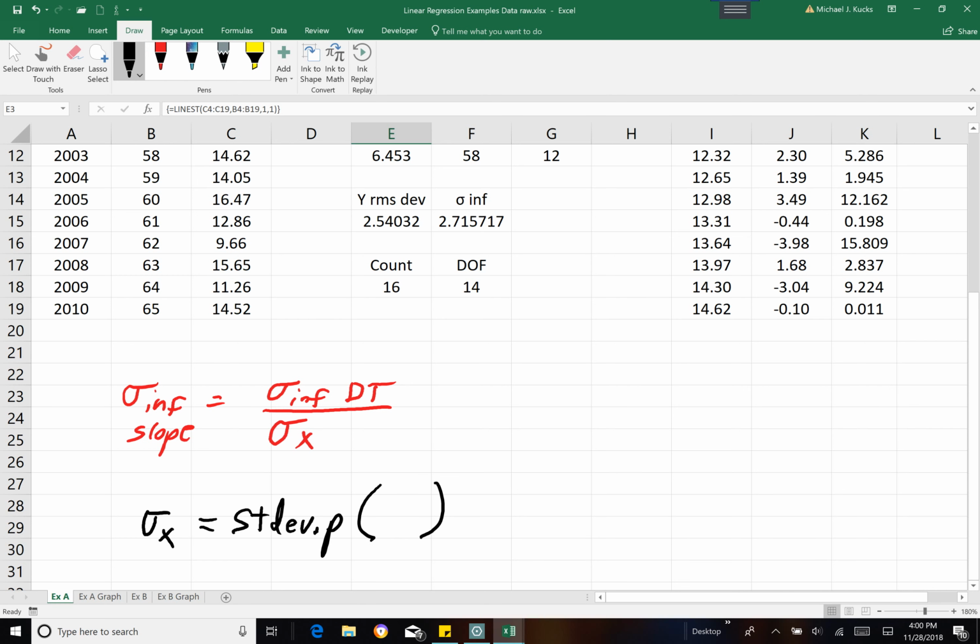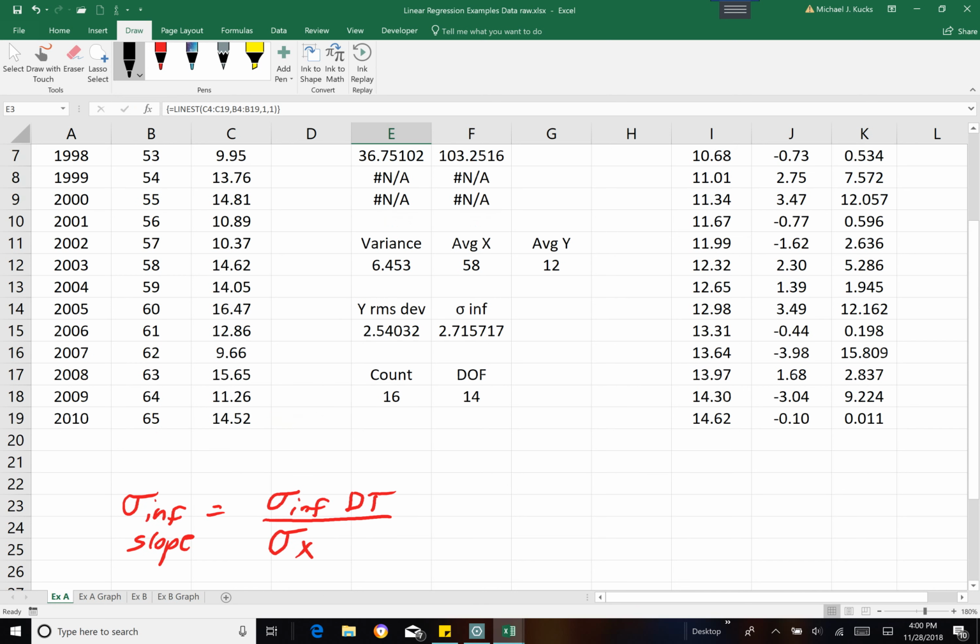That will give me the standard deviation with no correction factor included, right? I don't want to make any kind of a correction factor on the standard deviation of these x numbers because I'm not inferring anything about the population from these numbers. I'm taking this as the population. So let's just calculate what that is.